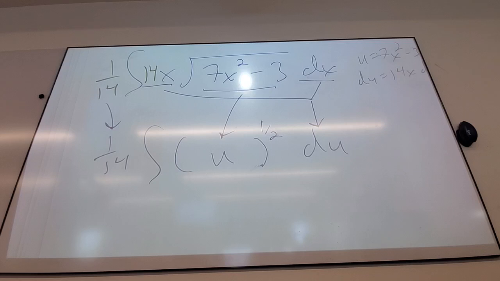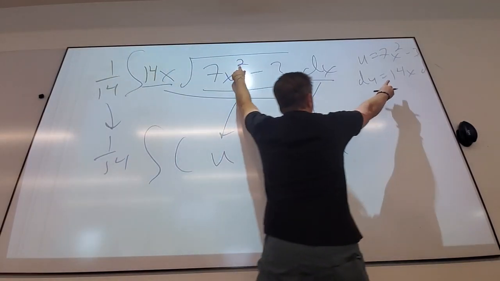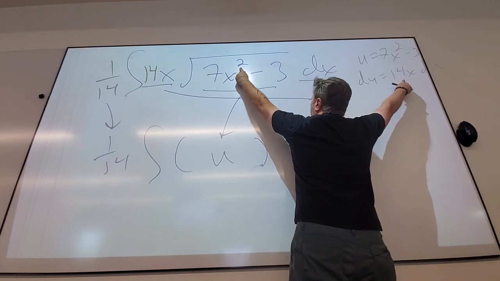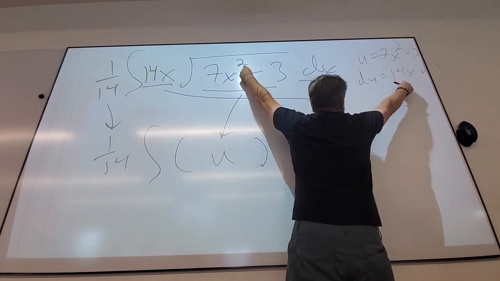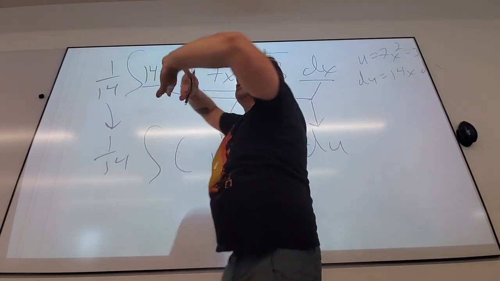Somebody asked earlier, which is a great question, what if you don't have what du needs? Well, I can give it to myself if it's a number. If, for example, this would have been cubed, what would du have been? It would have been 21x squared, yes? What am I missing then? Another x, which tells me I stop.